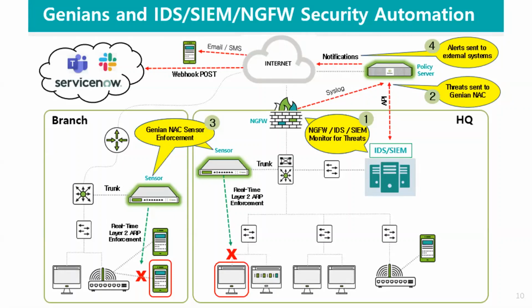So with security automation, ZTNAC can receive information from external systems like next-gen firewalls, IDS, SIEMs, and it can process this information through syslog or API inputs. Then it can perform a real-time ARP enforcement. So without any reliance on the network infrastructure, regardless of the make, model of those switches and wireless devices, ZTNAC can immediately use ARP enforcement to quarantine devices and layer 2 isolate devices as soon as a threat is reported by any of these external systems.